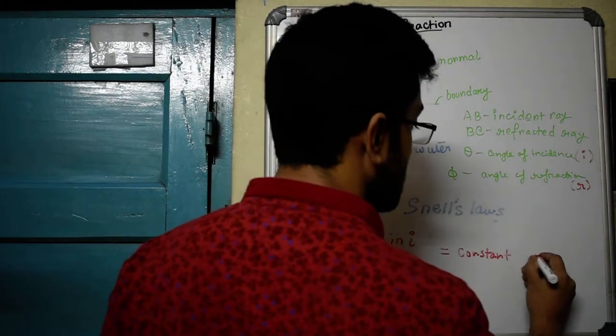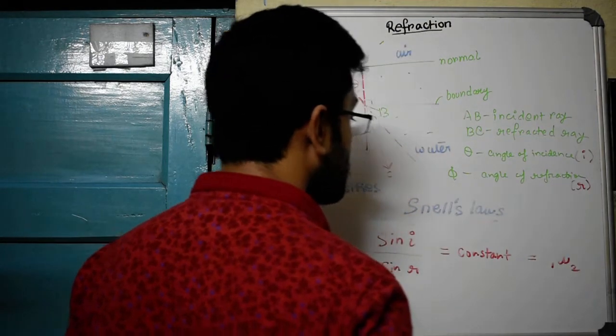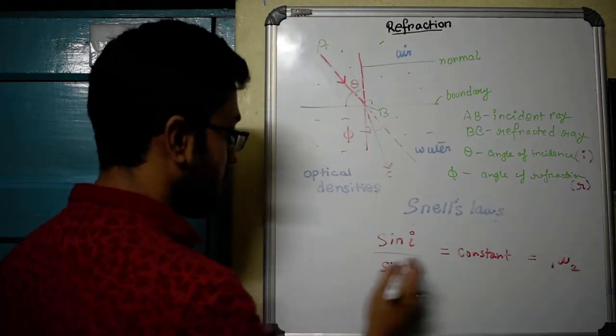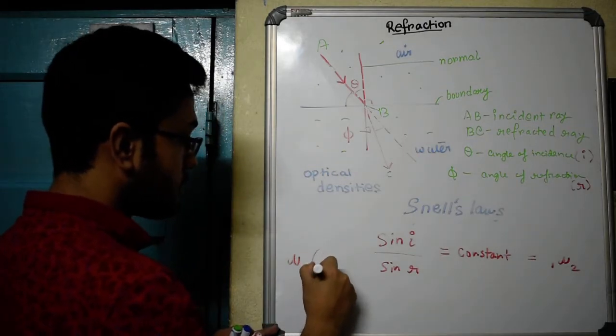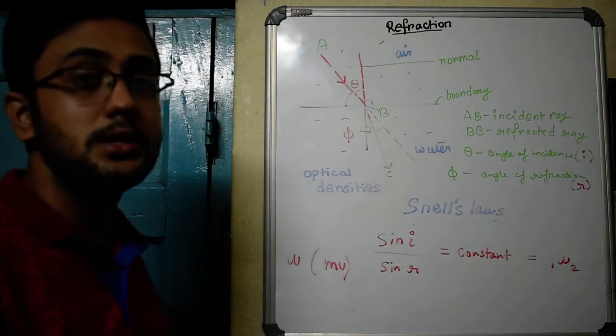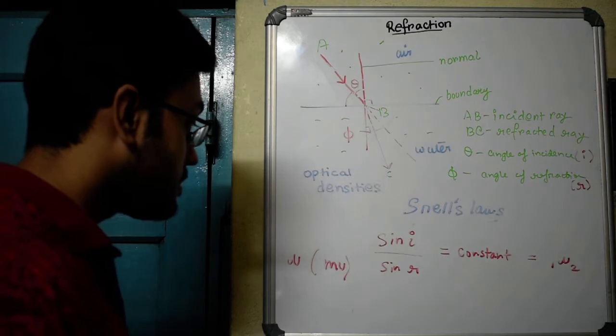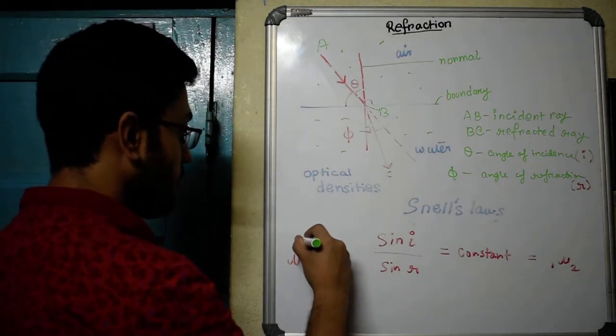The constant is known as the refractive index of the second medium with respect to the first medium. This alphabet that I wrote here is spelled mu, pronounced mu. Mu stands for the refractive index.